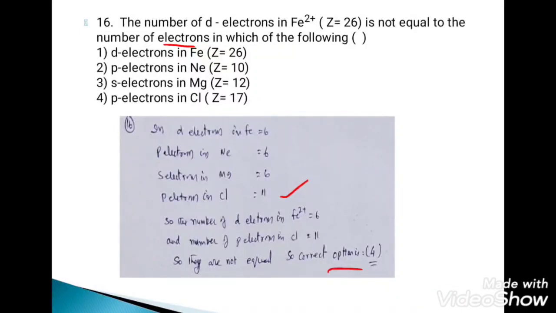Here you only have to find out the number of electrons in the orbital as shown in the question. Then you can easily find the answer. So we can say the fourth is the option.